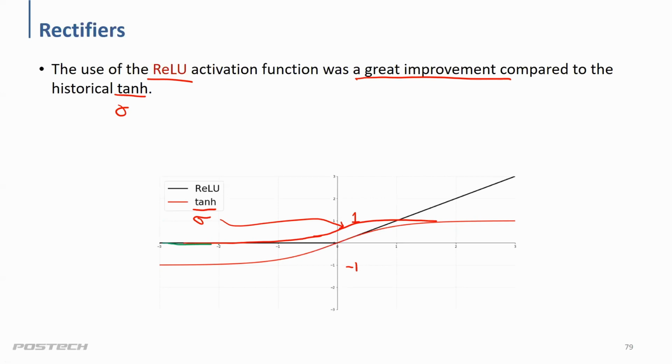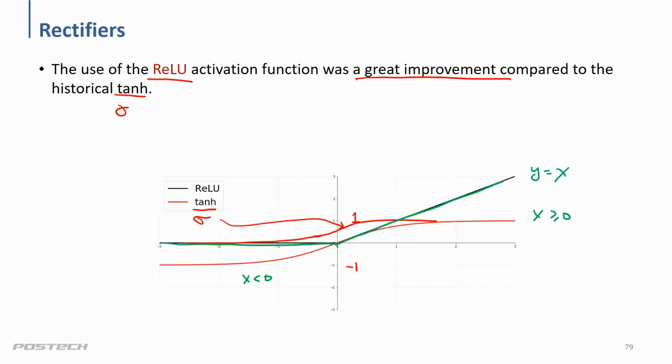This is the ReLU function. When x is positive, y is equal to x. When x is negative, the output of the ReLU function is going to be zero, right?